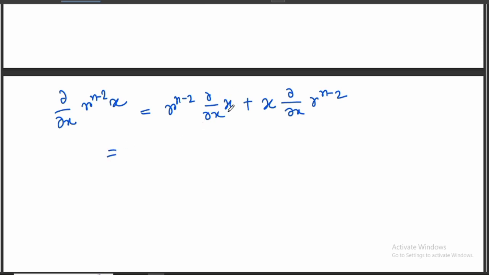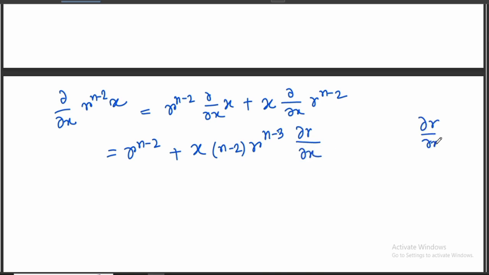Now this derivative is 1, so it will be r to the power n minus 2 plus x, and this derivative will be n minus 2 r to the power n minus 2 minus 1, that is minus 3, and del r del x, and our del r del x was x by r.